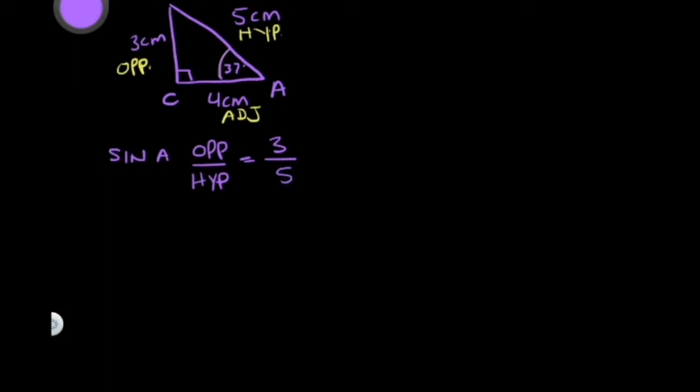So the question asks you to round answers to 1 decimal place. So if we do 3 divided by 5, we get 0.6. You can also type into your calculator using that sine button.